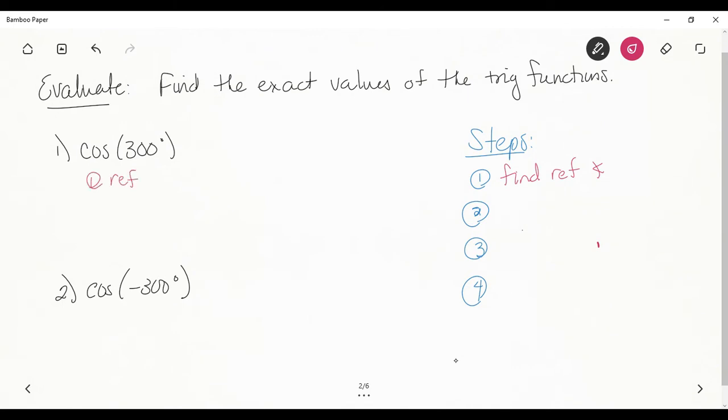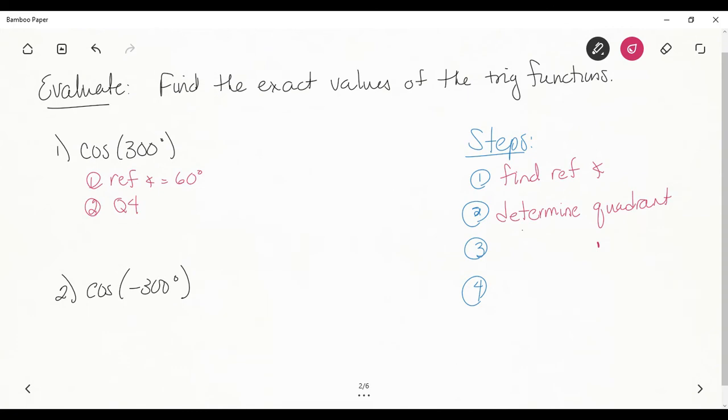Our reference angle for 300 degrees is equal to 60 degrees. The second step is we want to determine what quadrant we're in. Determining the quadrant will help us figure out positive and negative. So come back to number 1, where's 300 degrees? Well, that is in quadrant 4.